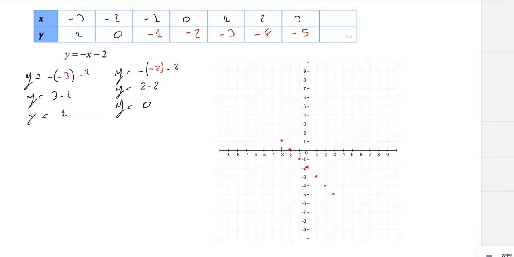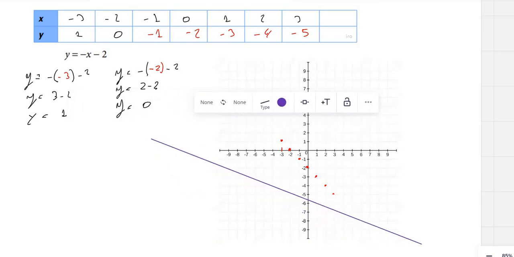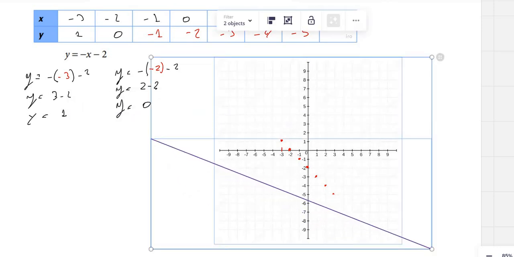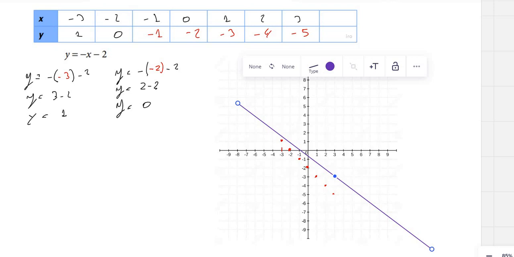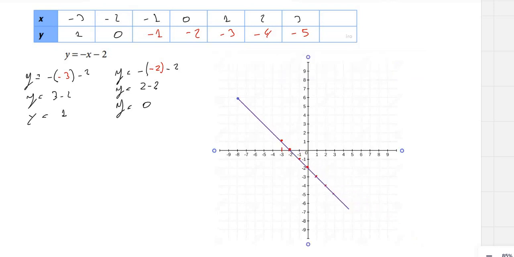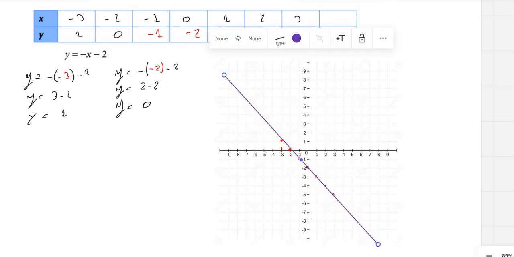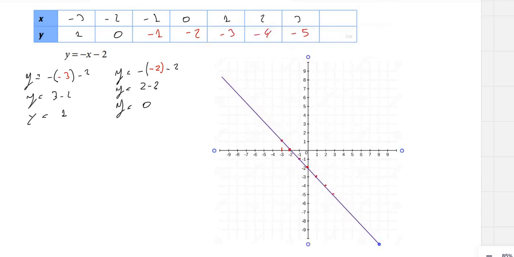They are aligned, so I can use the ruler to draw a straight line. For example, this will be my straight line. And that's it. This is how you draw a straight line if you're given an equation.